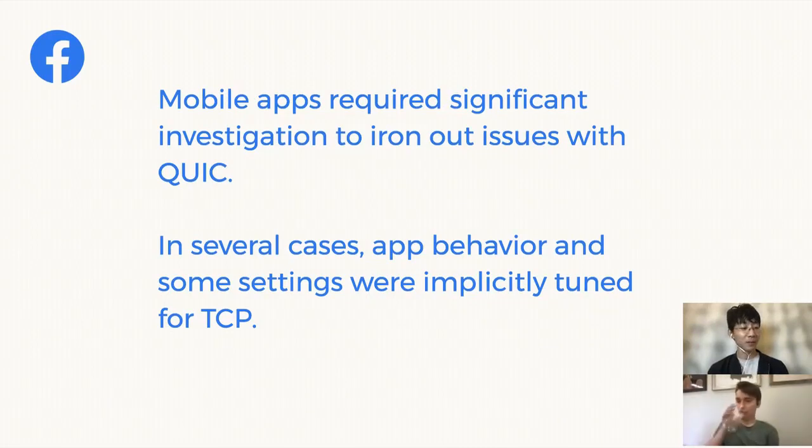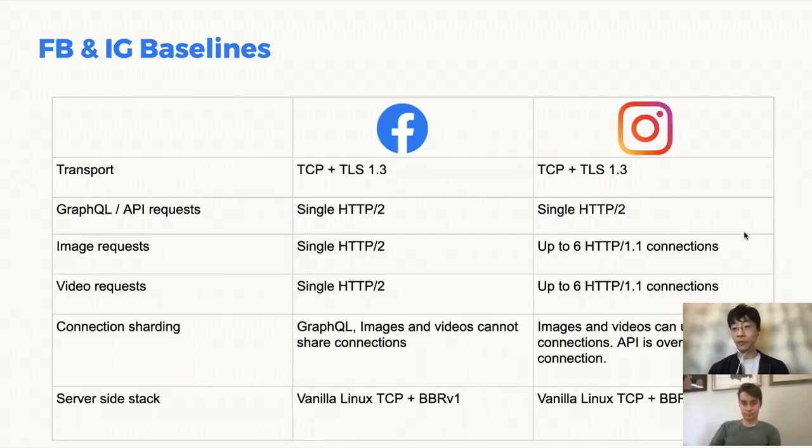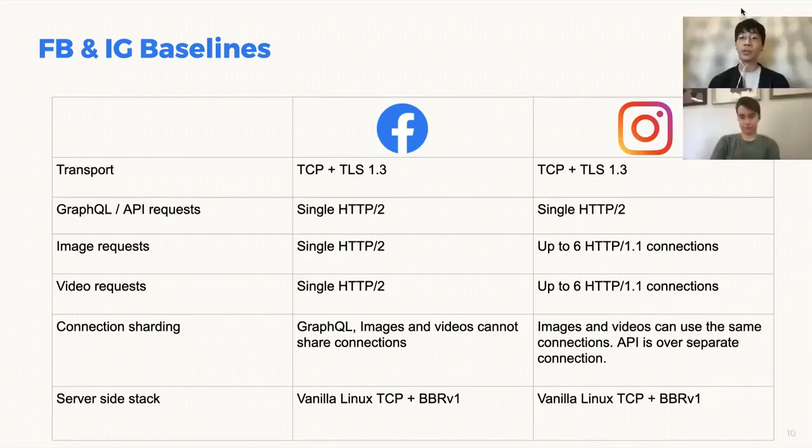Thank you, Matt. Yes, so it turns out changing the transport layer protocol and HTTP at the scale of Facebook is actually quite challenging. Before we dive into some of the interesting problems we solved in the past couple of years, let's first look at how exactly the networking stack looks in the Facebook and Instagram apps before we started this transition to QUIC.